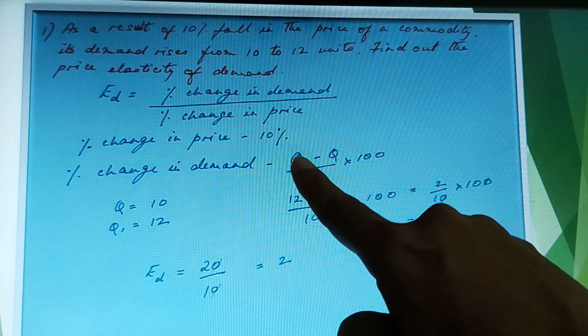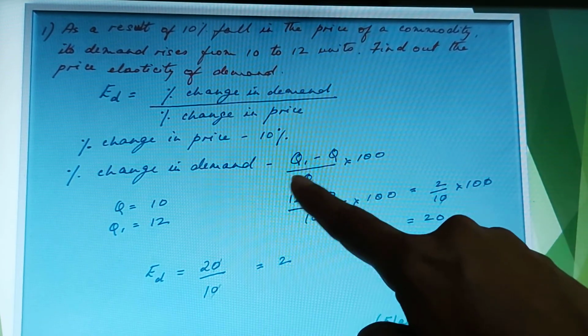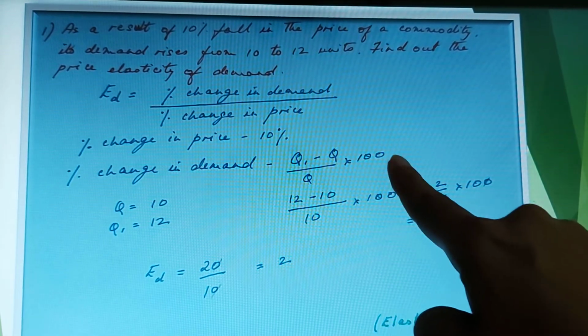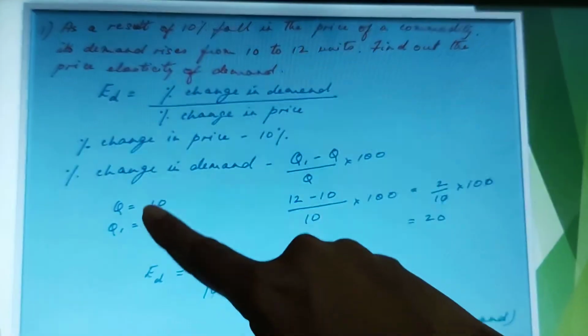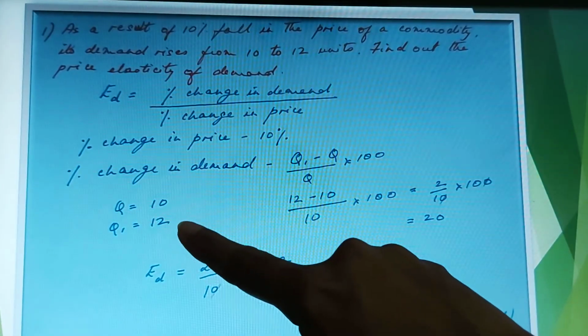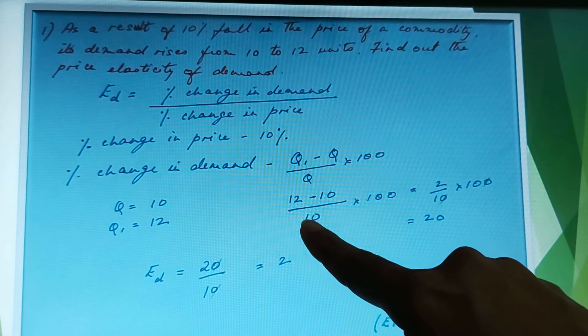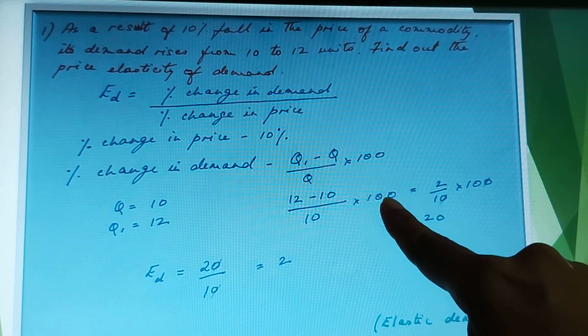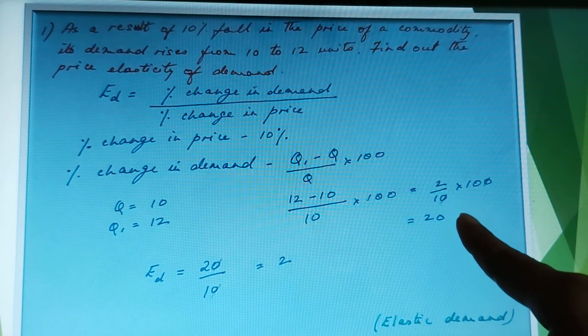Q1 is the new quantity minus Q, the original quantity, upon Q into 100. So what is Q? 10, and Q1 is 12. So 12 minus 10 upon 10 into 100. So that will be 2 upon 10 into 100 or 20.